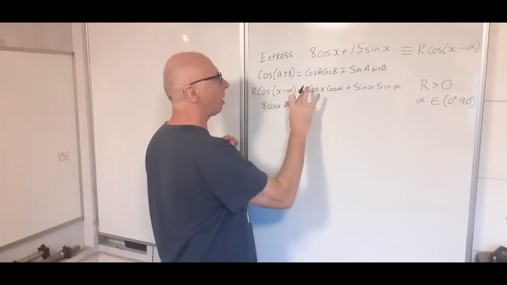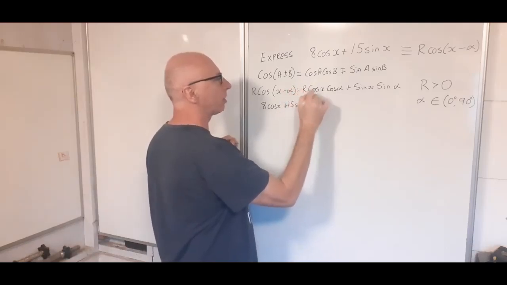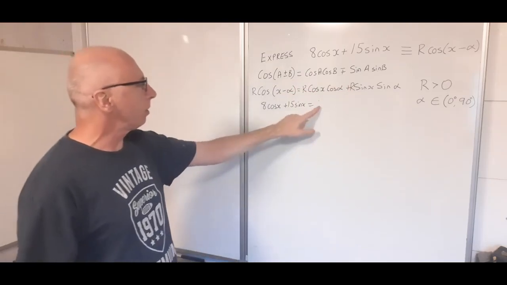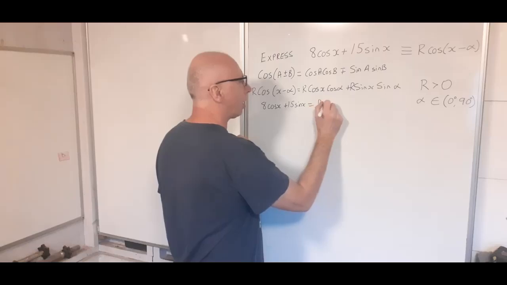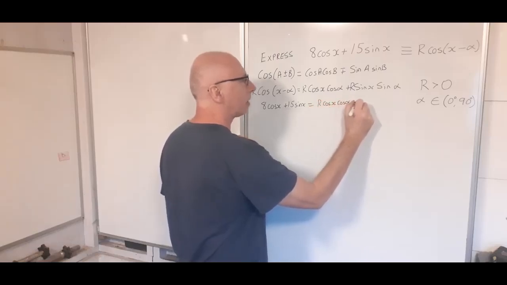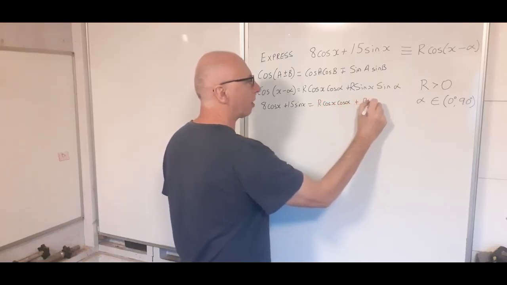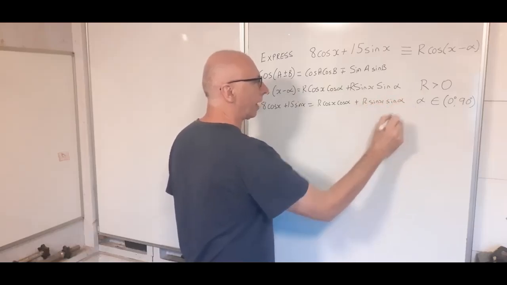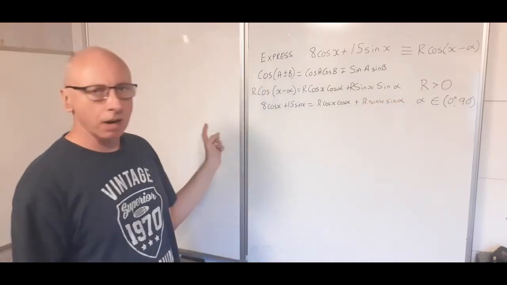So when I put my r in there, then we've got r cosine x cosine alpha plus r sine x sine alpha. And that's all my building blocks now ready.